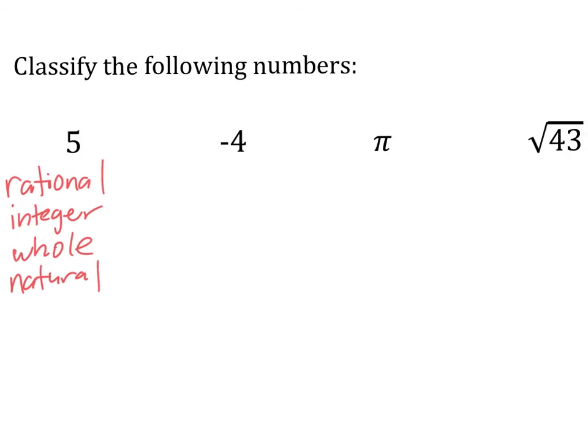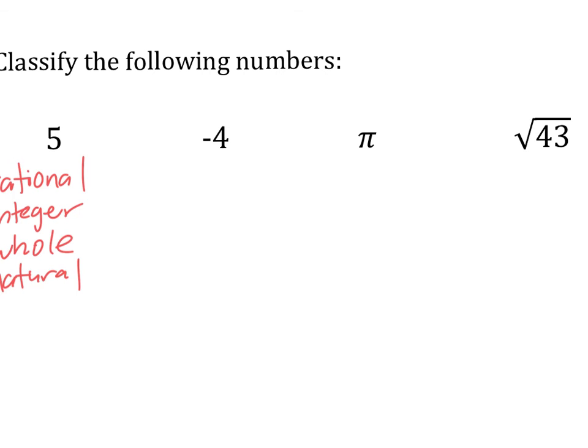Now let's look at this number -4. First, is it rational or irrational? Just like that one, we can write it as -4 over 1. That's a fraction, so we know it's rational. Then the next question we ask ourselves is, is it an integer? And it is.